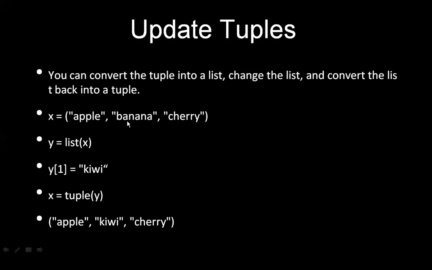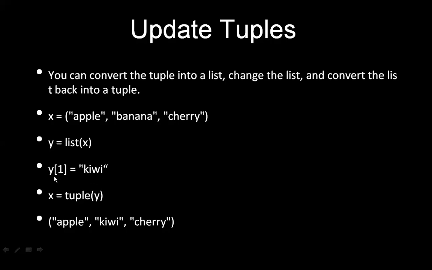It means that the banana is going to be replaced by kiwi. Then you can see the output here, that the banana is replaced by the kiwi. So y of 1 equal to kiwi, I have specified here.